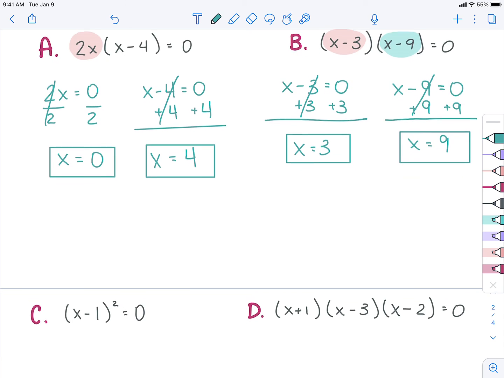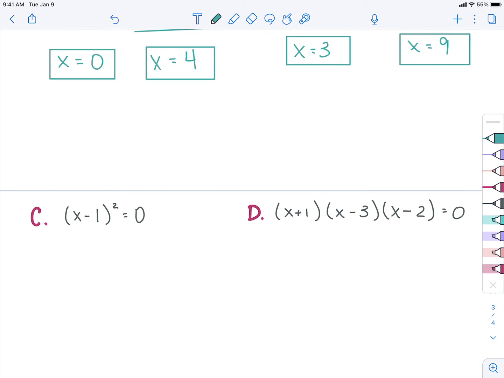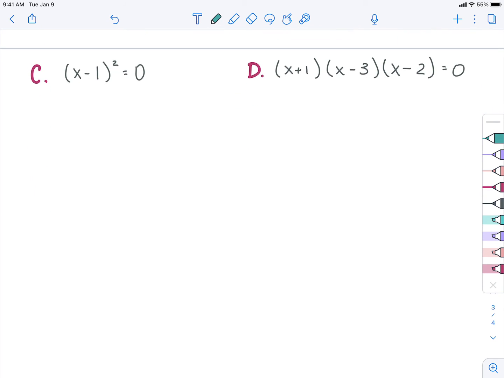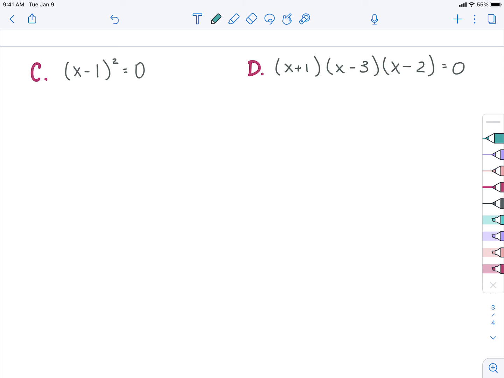The trickiest this can get is like C and D. So C tells us x minus 1 all squared equals 0. But we know from multiplying our special products that anytime we have x minus 1, or anything in parentheses, all squared, we really have 2 of those parentheses, right?